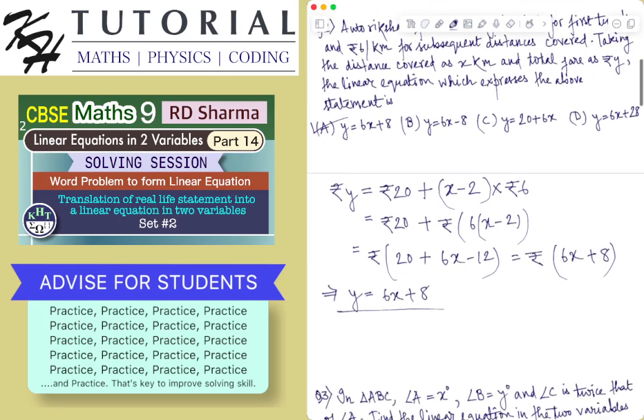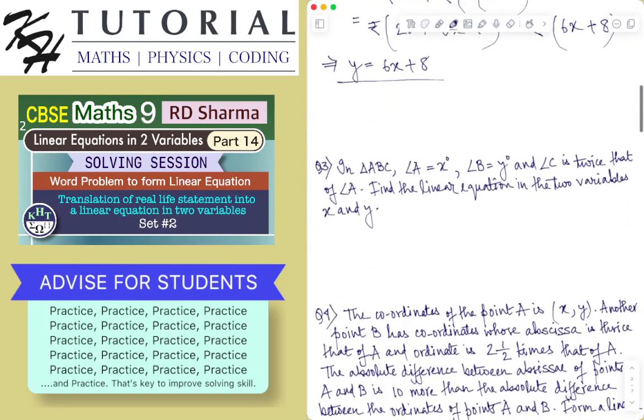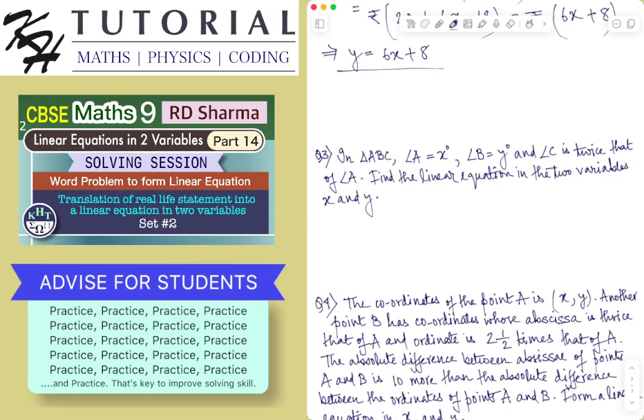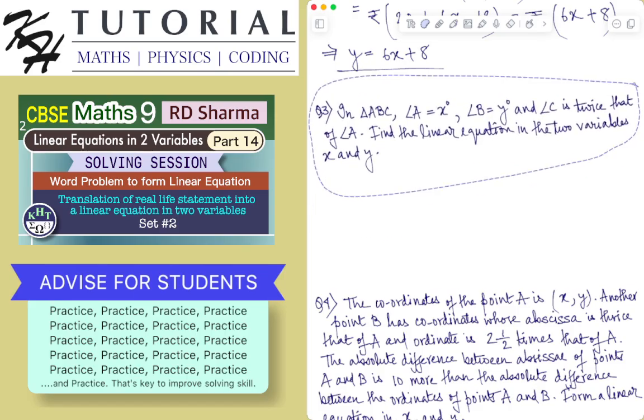Let's see the next problem. Question number 3. Let's make some space. Question number 3 says that in triangle ABC, angle A is x degree. So clearly x is the variable. Angle B is y degree, y is also a variable.